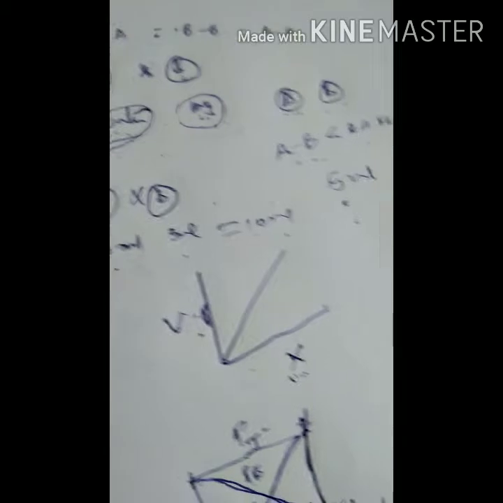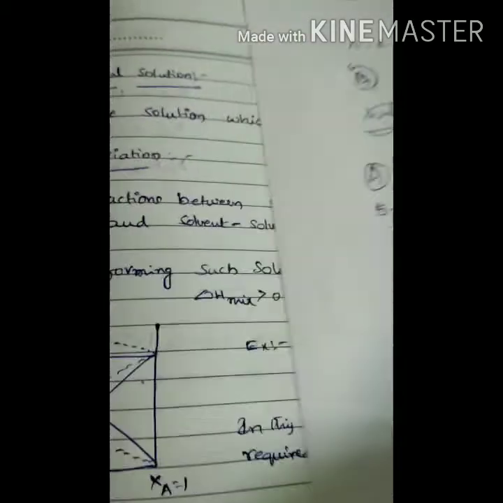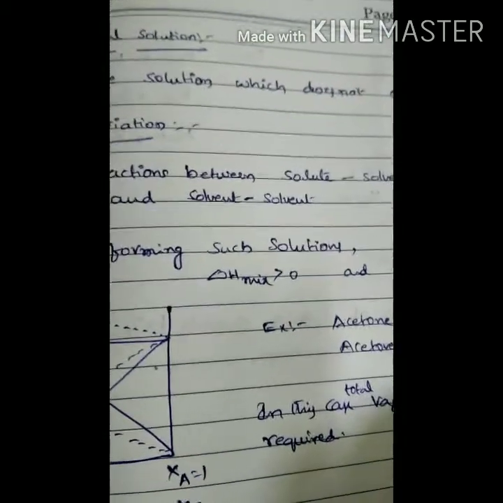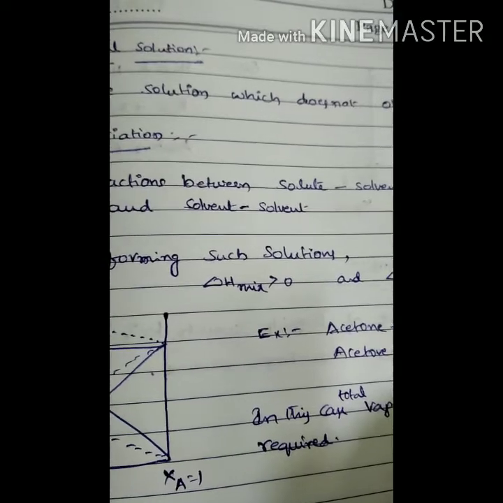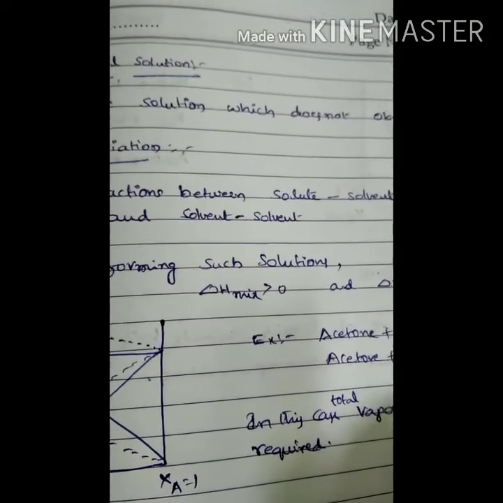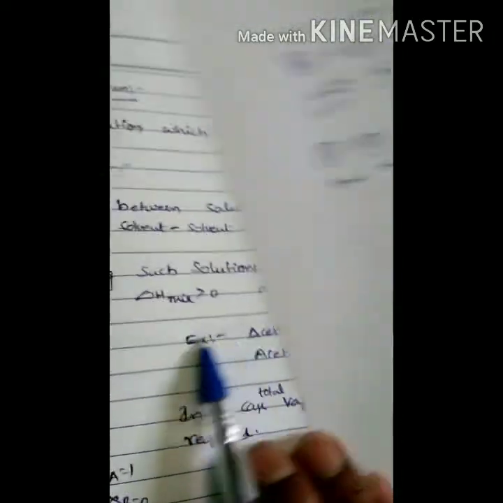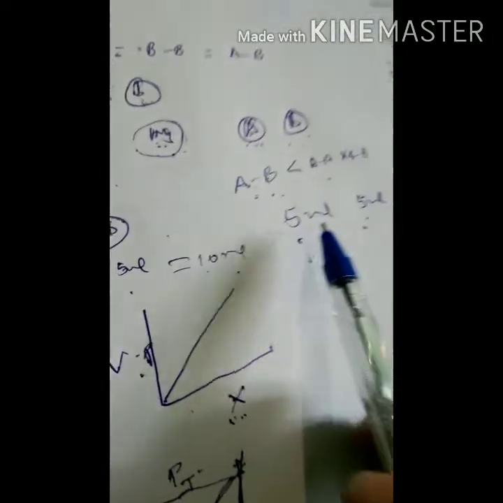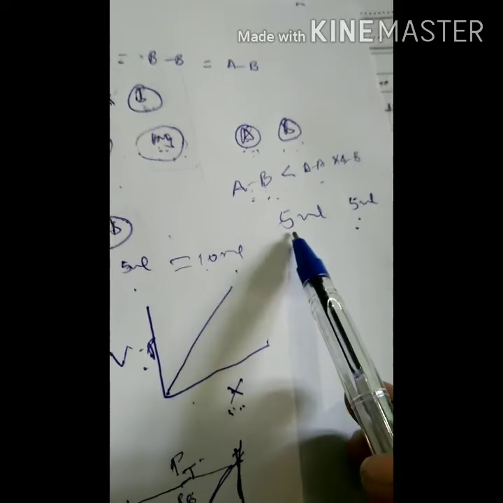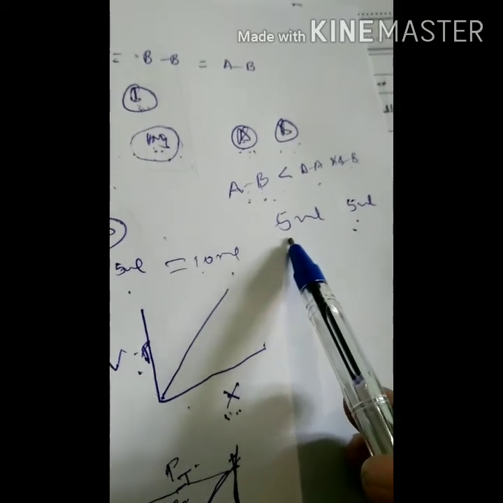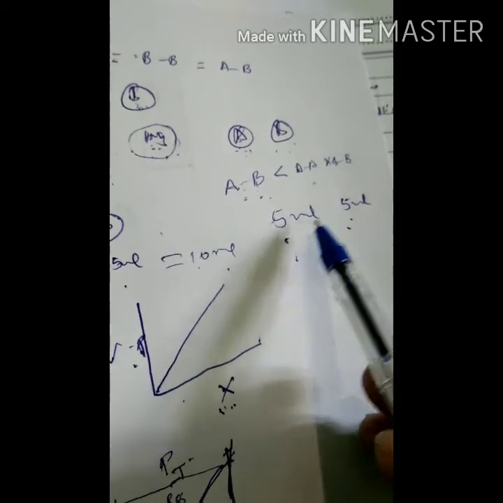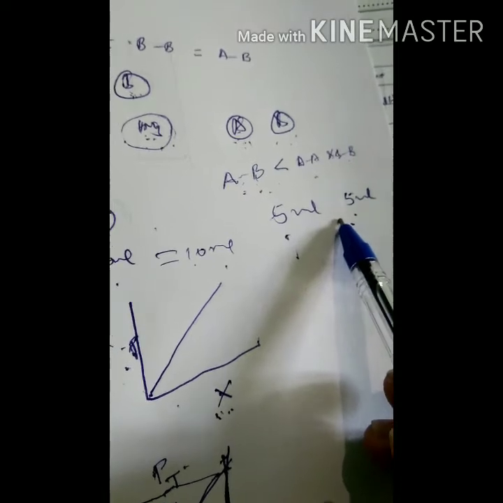I repeat the point once again. Delta H mixing greater than 0 means when those two liquids mix with each other, heat is absorbed, that is an endothermic process. Delta V mixing greater than 0 means, for example, the volume of each liquid is 5 ml. When these two liquids mix, we should get 10 ml.